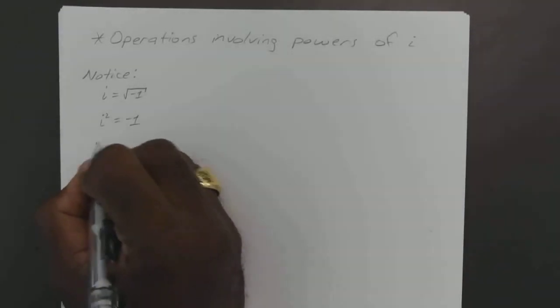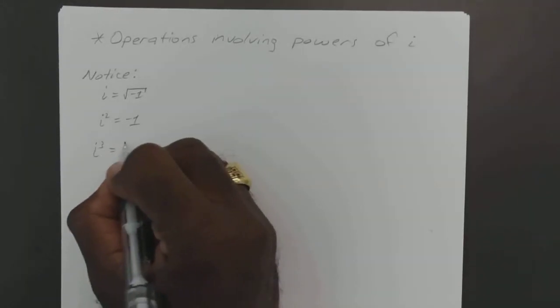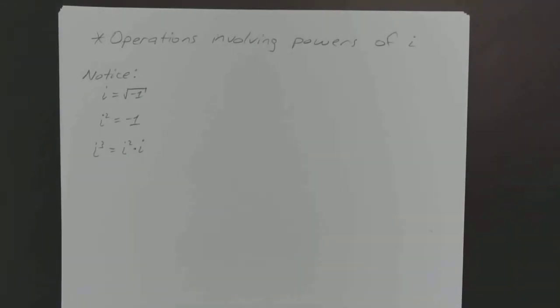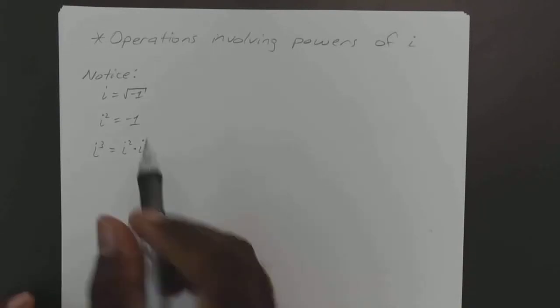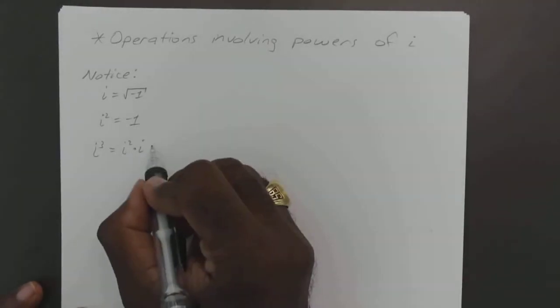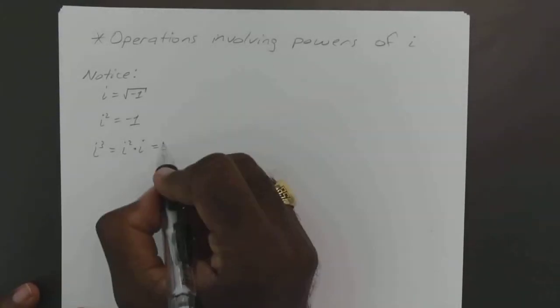Okay, but what about I to the third power? Then that's actually just going to equal I squared times I. I squared times I to the first gives you I to the third power. Okay, so we know I squared is negative 1.